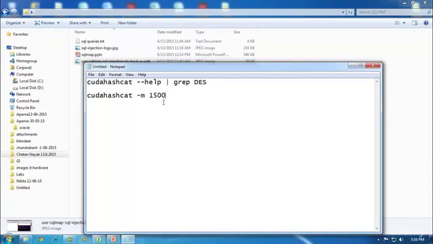Since it is MySQL, -a 0, and then /root/SQL/des.hash, that is the place where our hash would be, and then /root/SQL/rockyou.txt.